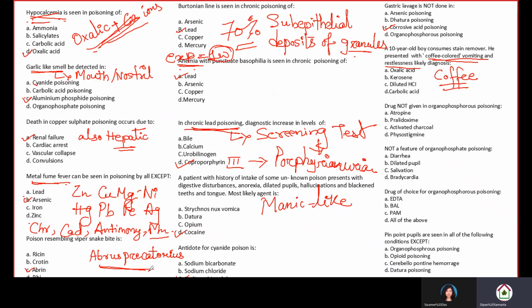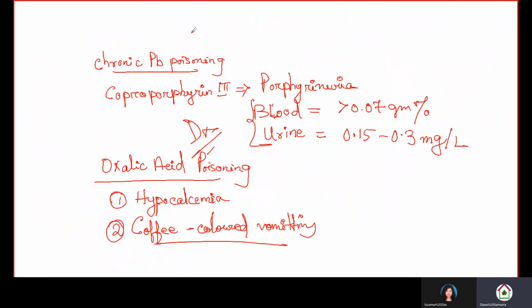Okay, next is the drug not given in OP poisoning. The drug that is not given in OP poisoning is physostigmine, because physostigmine and OP poisoning act in the same direction. That is the cholinergic effect.